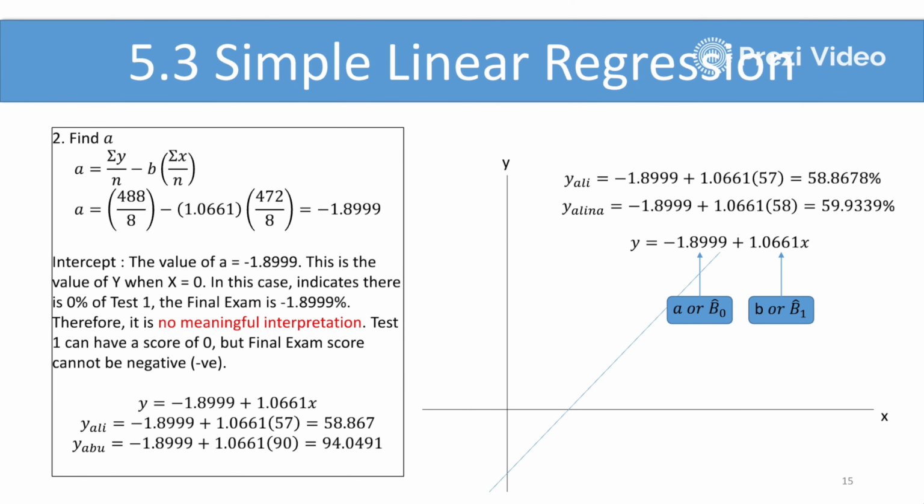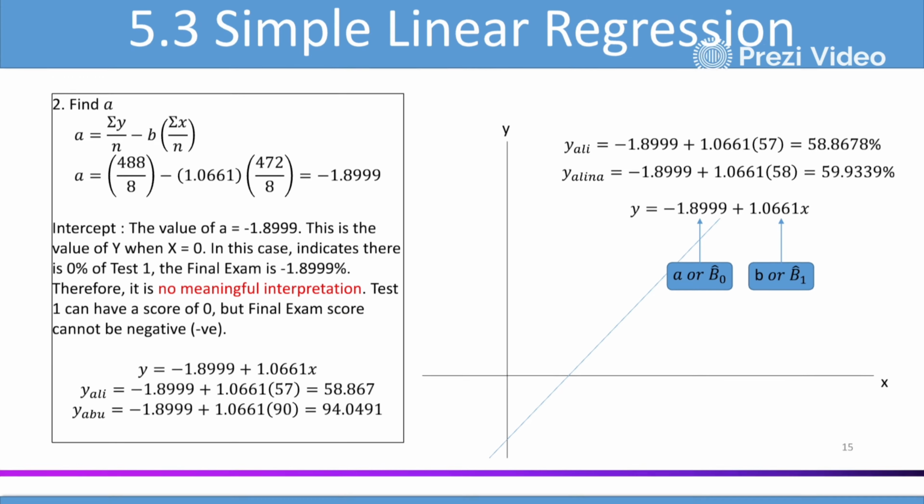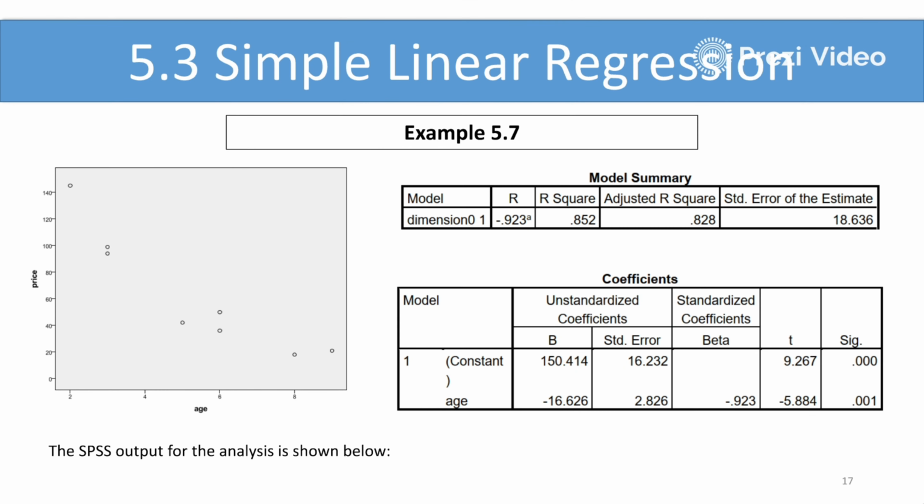Macam mana kita nak formulate this general equation based on the SPSS output is by looking at this column. Under unstandardized coefficient ni, student akan nampak first adalah constant. Constant ni y-intercept lah, ataupun nilai A. So the value is 150.414. And then how about the value of B? Ataupun nilai slope, dulu-dulu kita study sebagai M lah.